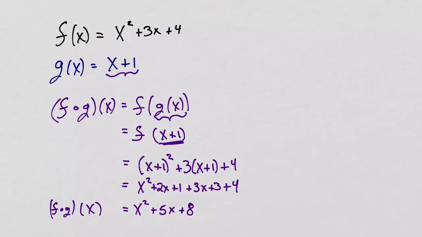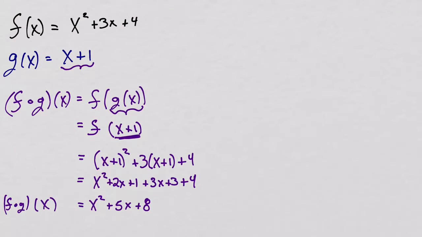Now we're going to work a different example, just kind of looking at it differently. We are going to do g composed f of x. That is, we're going to do g of f of x.